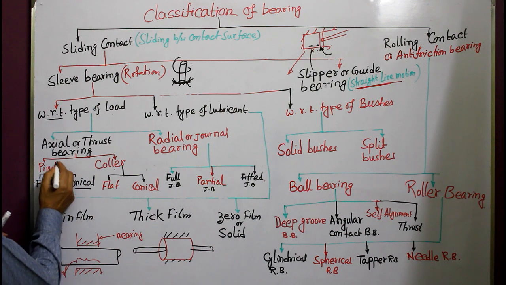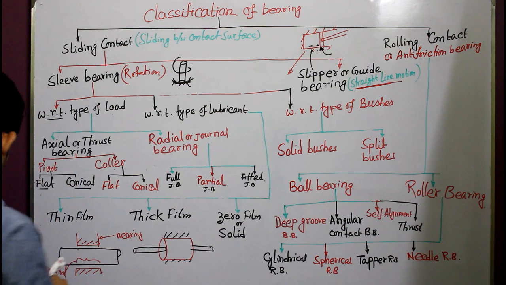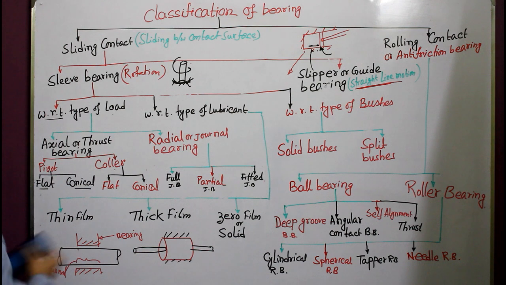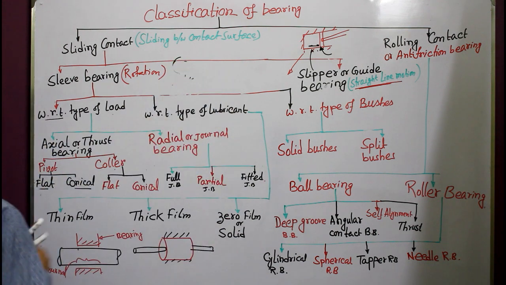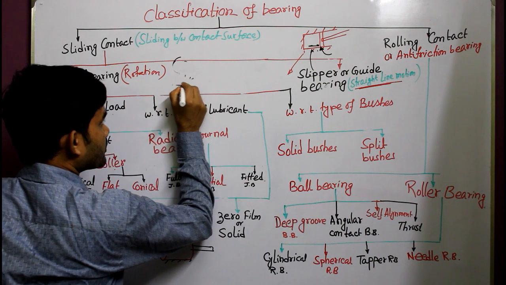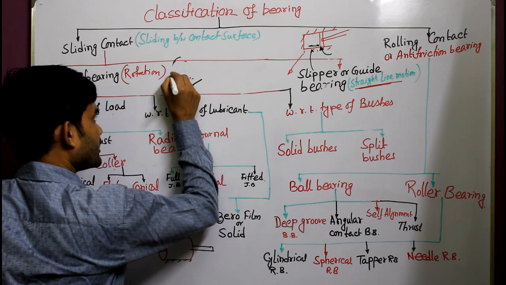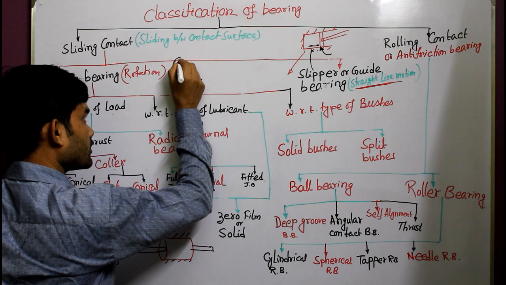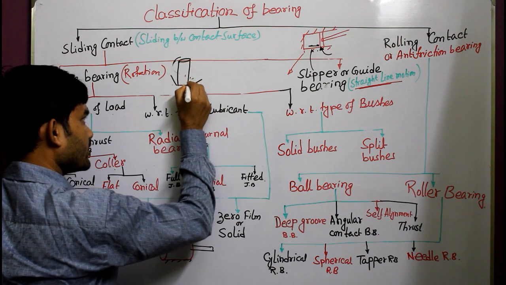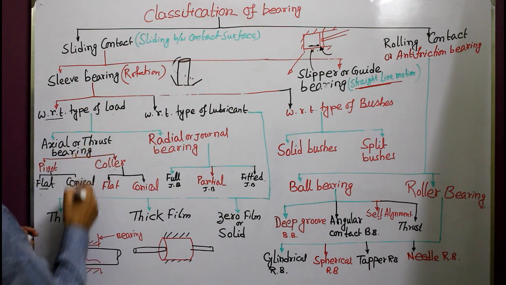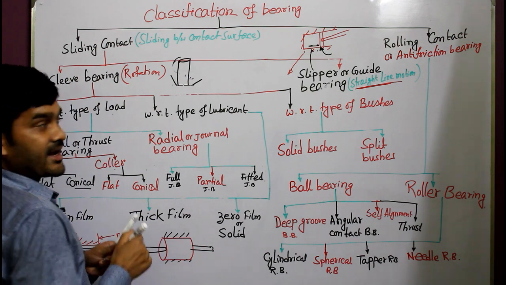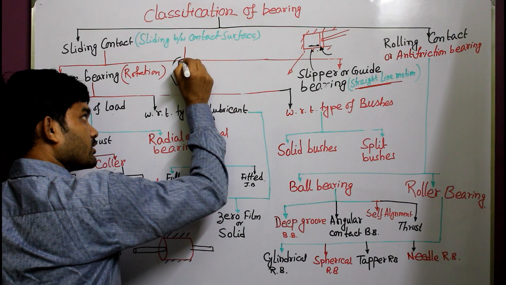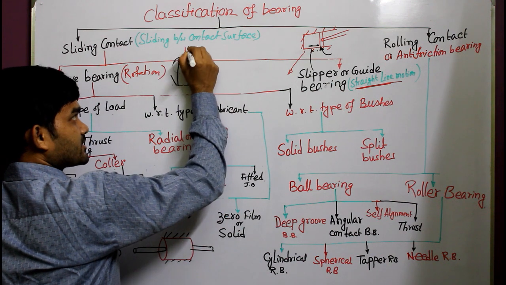If we see the pivot bearing, I have already drawn this. Our pivot will be in this form. Axial or thrust means only axial or thrust load is acting, that is, a vertical load is acting from above.